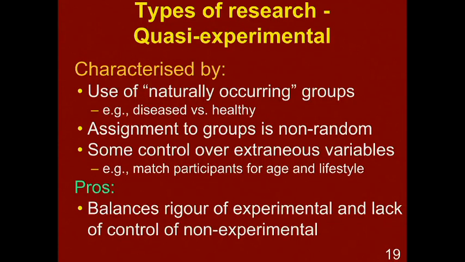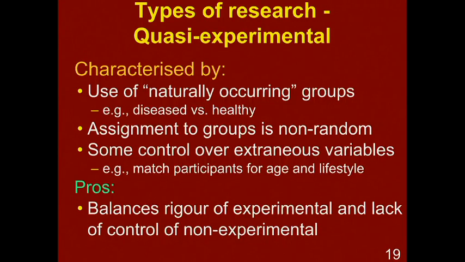So perhaps it's a group of people with an injury or disease, and you get a similar group of people without that injury or disease. So we're comparing groups, but the key is, there's no random assignment to groups. They already got themselves somehow into those separate groups.